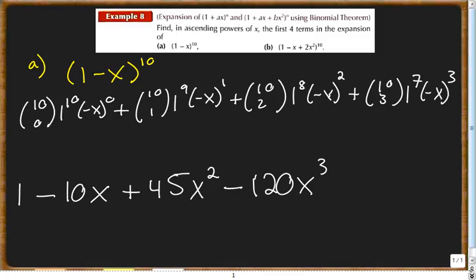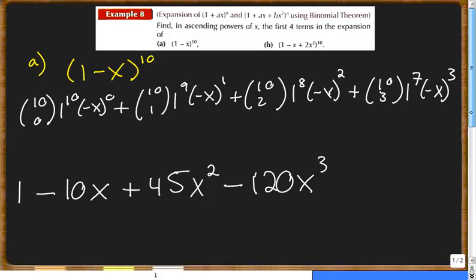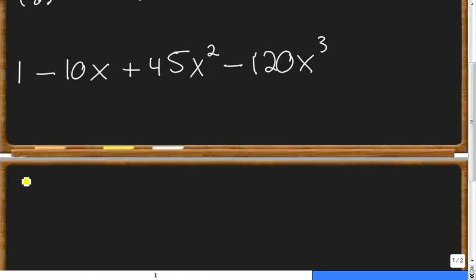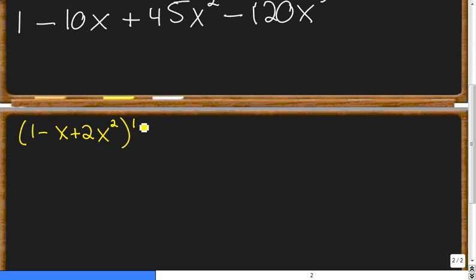Now the second one is a little different. We have 1 minus x plus 2x squared to the 10th power. So again, we can use our numbers up here to help us. That's going to help drastically.